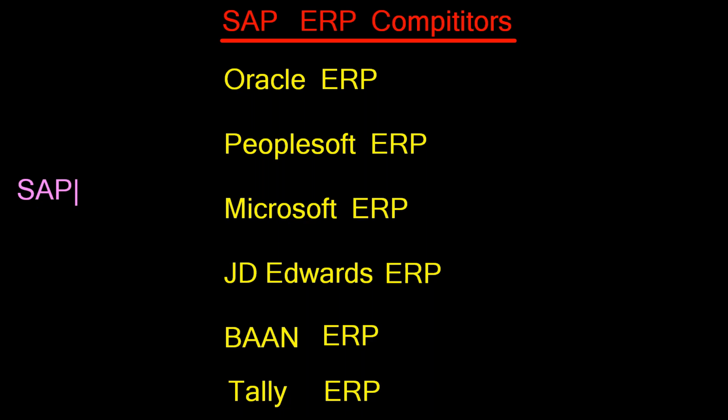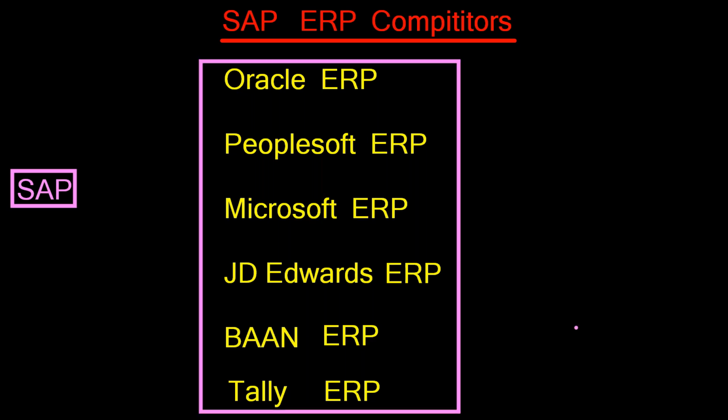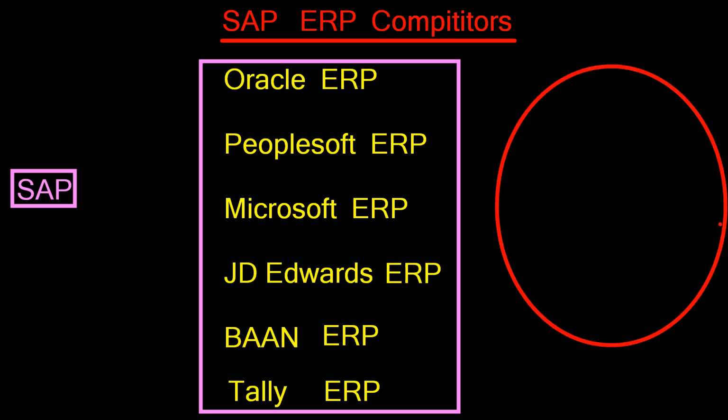SAP is one side and these companies are on the other side. These are competitors of SAP: Oracle ERP, PeopleSoft ERP, Microsoft ERP, JD Edwards ERP, BAN ERP, Tally ERP. But out of 100%, 72% of the market is occupied by SAP ERP only.